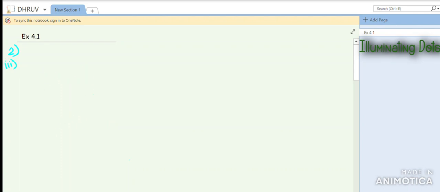Now the third one. Rohan's mother is 26 years older than him. The product of their ages 3 years from now will be 360. We would like to find Rohan's present age. So we will assume that Rohan's age is x years. Sorry for the handwriting.